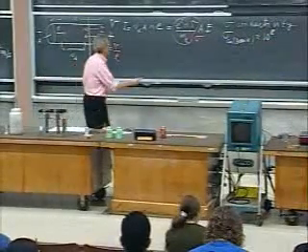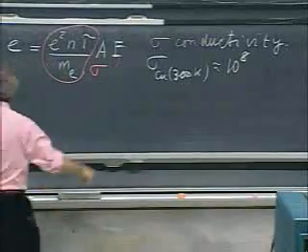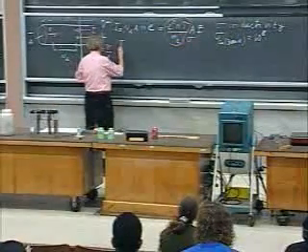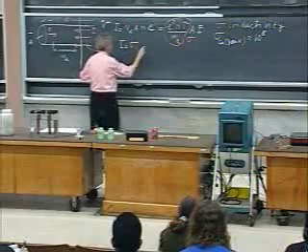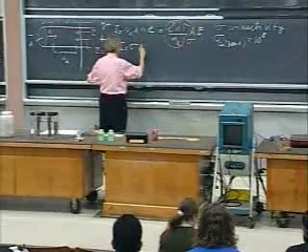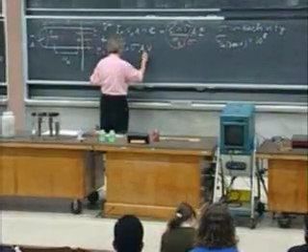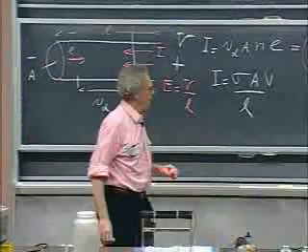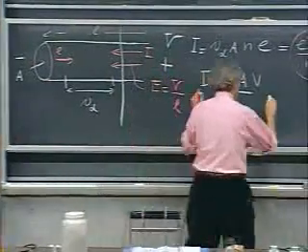I can massage this a little further because E is V divided by L. And so I can write now that the current is sigma times A times V divided by L. I can write it down a little bit differently.